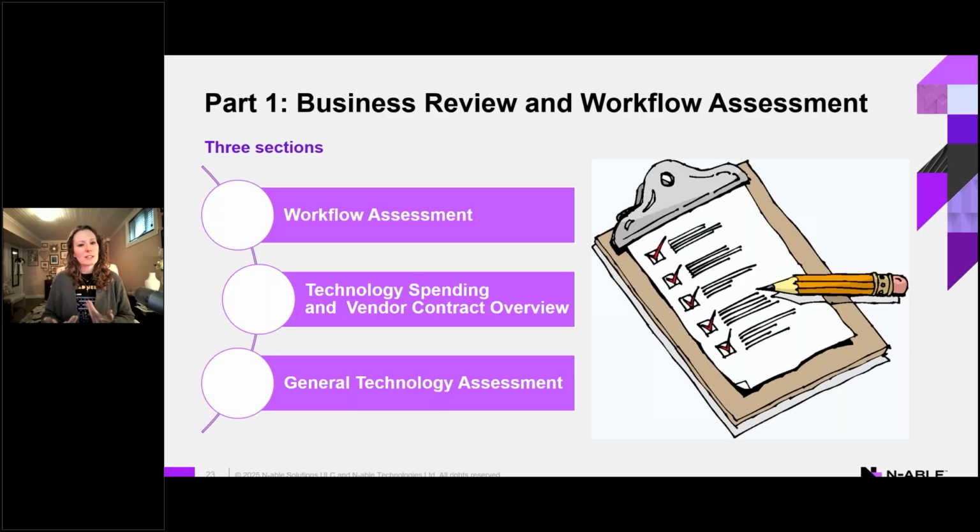And then in addition to the workflow assessment, we also want to complete that general technology assessment. We want to get a review of their current and maybe future IT spending, and have a chance to look at their vendor contracts, because if you have partnerships with ISPs or printer companies, this is where a referral can come into play. You can bring some of those other partnerships in here.